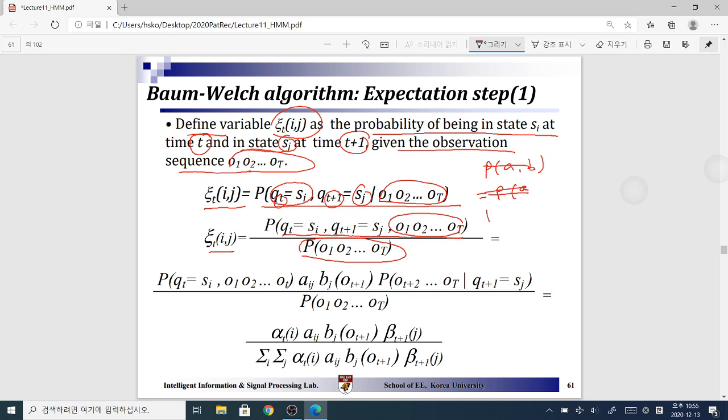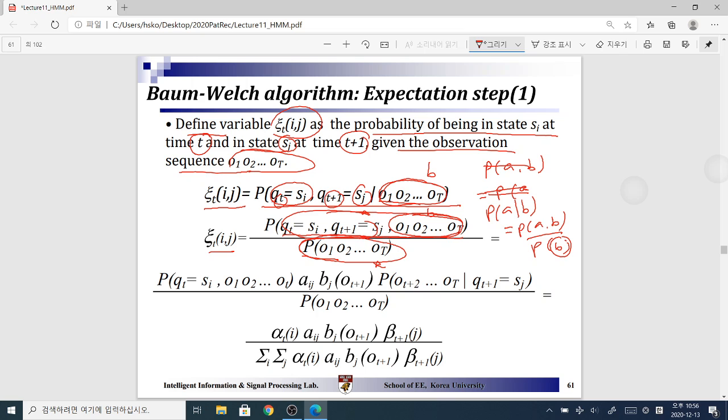Let me rewrite this. The probability of A given B would be equal to the probability of A and B divided by the probability of B. So you can clearly see that you can make a joint probability in the numerator, and divide by the condition, which happens to be the observation sequence.